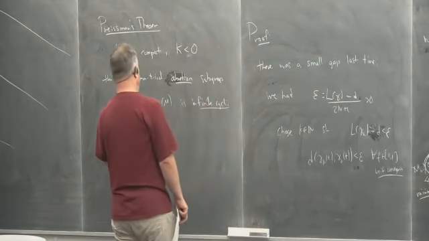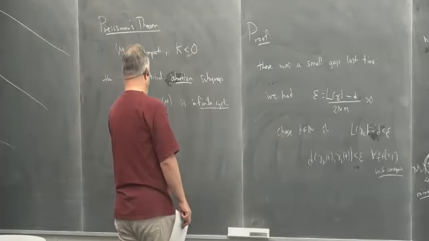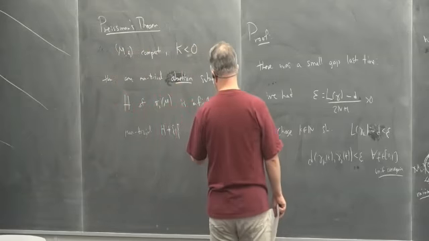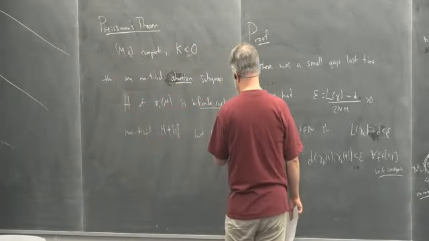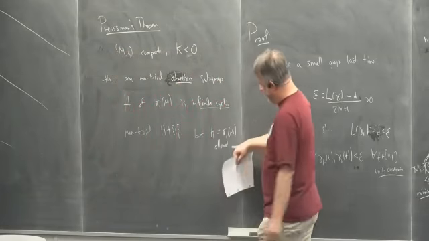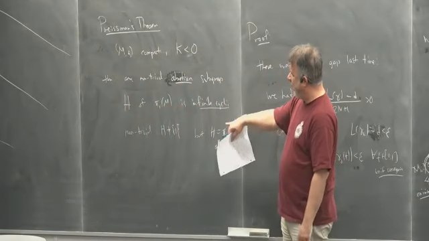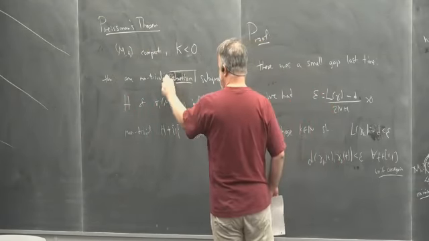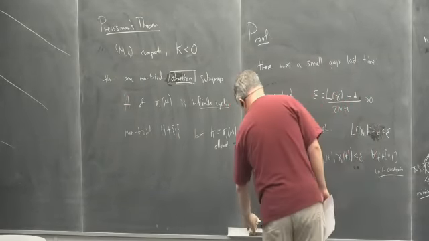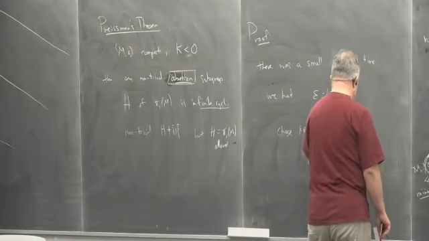And here, non-trivial means H is not the trivial subgroup, but it could be the whole thing. This is allowed. I misspoke. So I think I said I excluded that as well, but I shouldn't have. And I don't remember if I wrote down abelian. Okay, so any non-trivial abelian subgroup of the fundamental group, if you have a compact manifold with negative curvature, must be infinite cyclic.